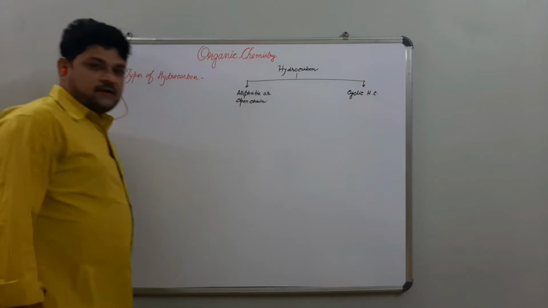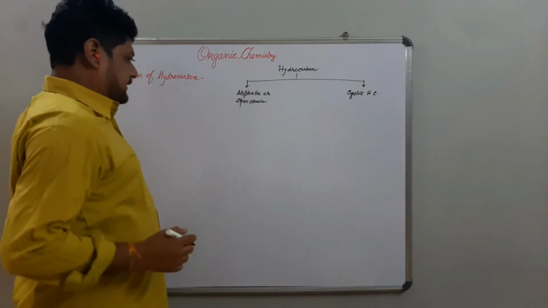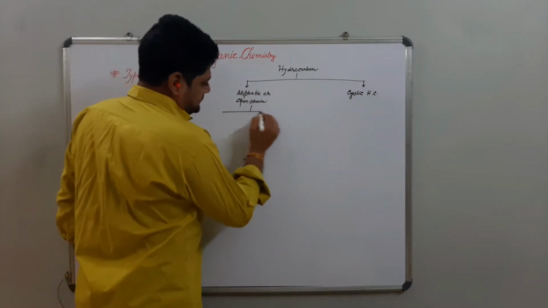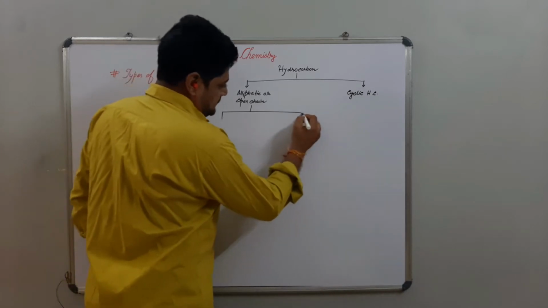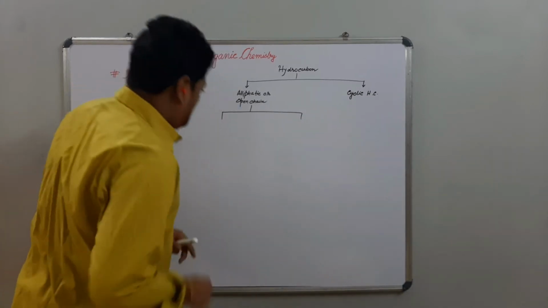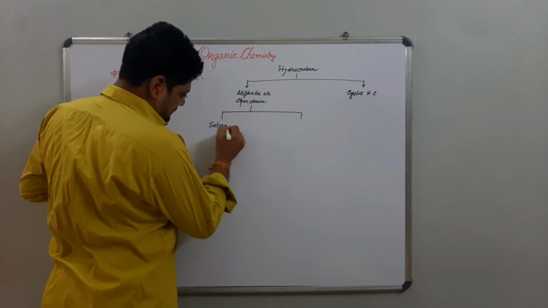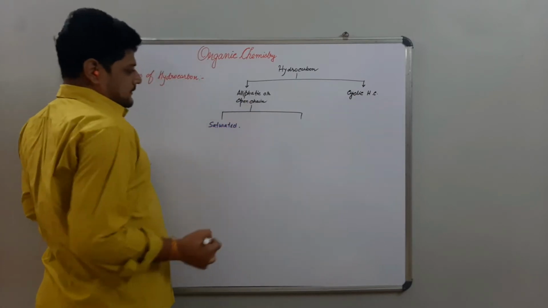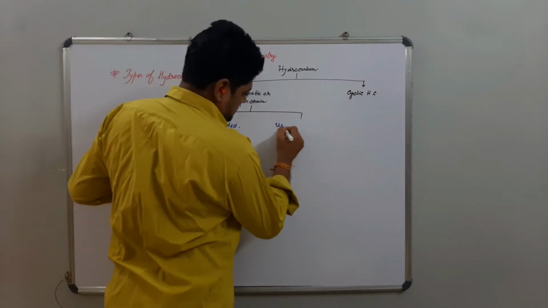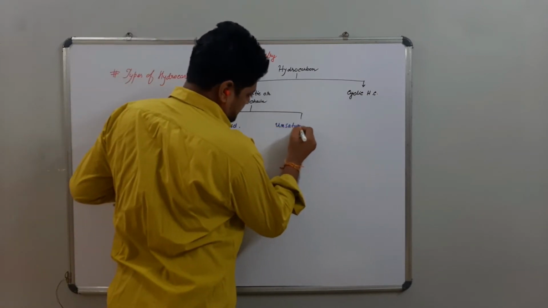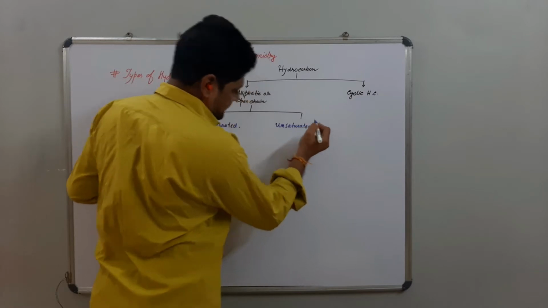HC means hydrocarbon, okay, cyclic hydrocarbon. Again, aliphatic hydrocarbons are subdivided into two parts. One is saturated, another is unsaturated, okay.